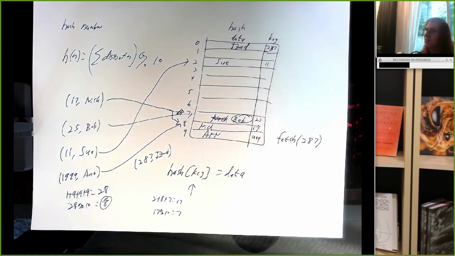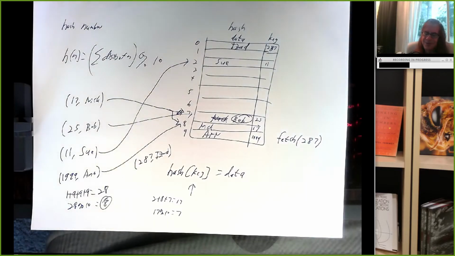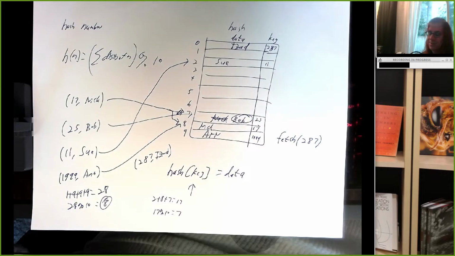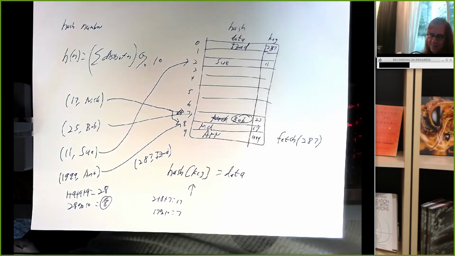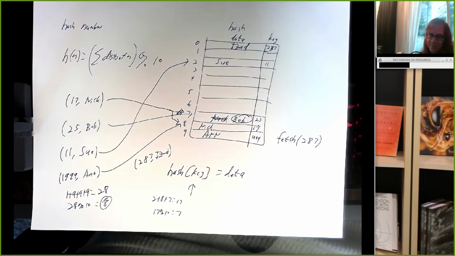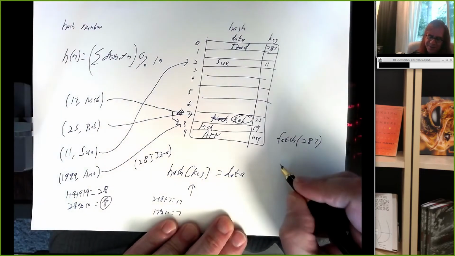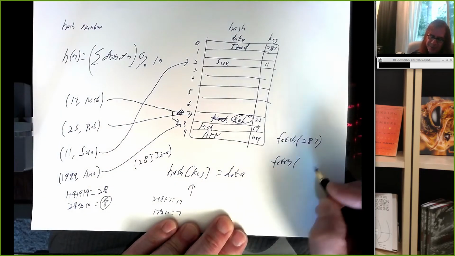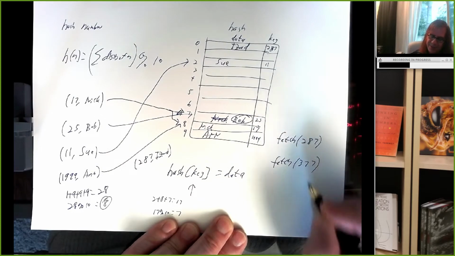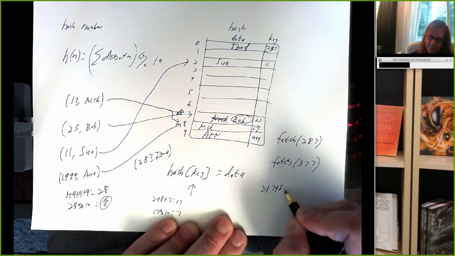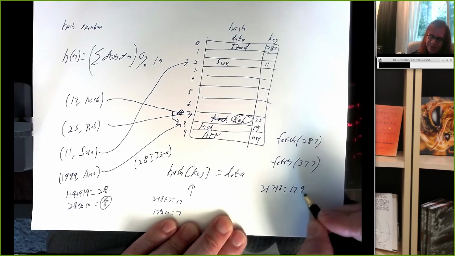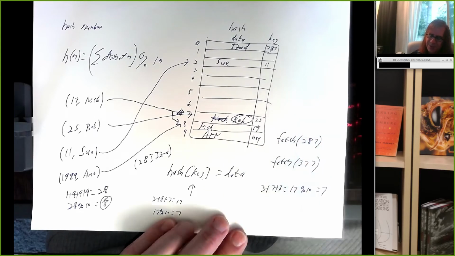So the fetch algorithm and the put algorithm are more complex because we need to deal with these collisions. And if we said, for example, fetch 377, 3 plus 7 plus 7 equals 17, reduce it modulo 10, we get a 7.